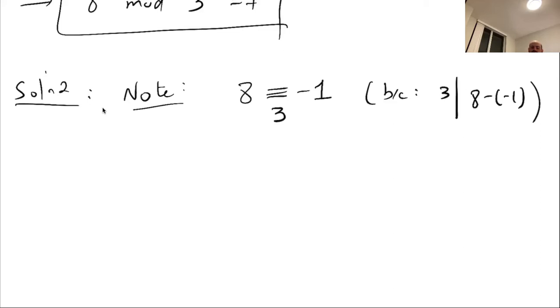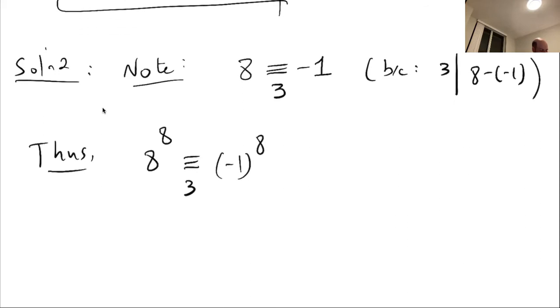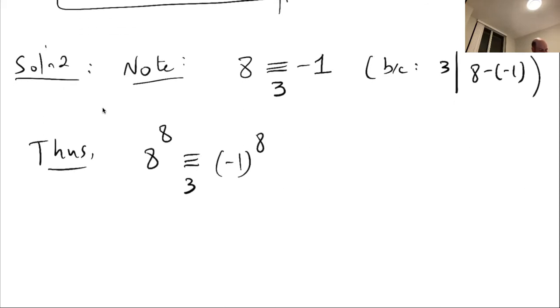Why? Because in the next step, I want to raise both sides to some power, right? And finding -1 to any power is extremely easy to compute. So if I raise to power 8, 8 to power 8 is congruent to -1 to power 8, and -1 to power 8 is 1, -1 to even power is 1.